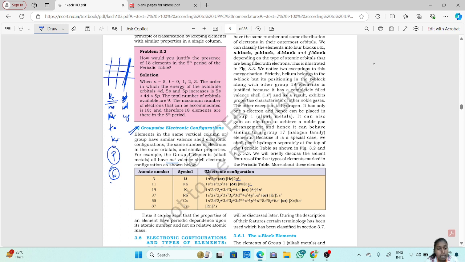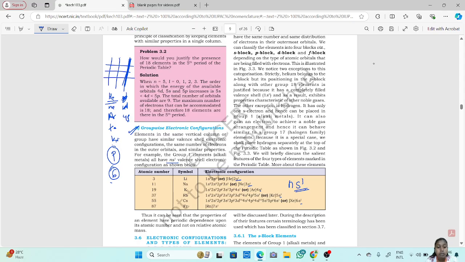The number may be different, it may be 2, 3, 4, 5, 6, 7, but in general it is ns1. S1 is the common thing everywhere that you can see, right? So the valence shell is also the same, they have an s shell in all the elements, and the number of electrons is also the same, that is 1 electron in each s shell.